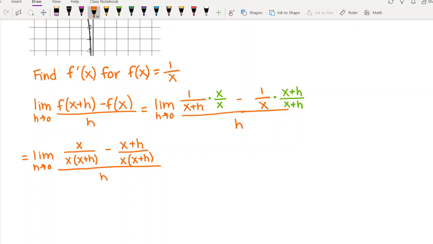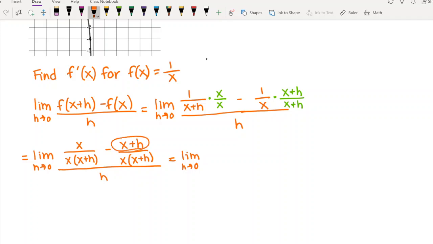all over h. So it looks a little intense right now, but the thing about these different methods we've learned is that they're always going to work as long as you don't make any mistakes. So you can trust that things are going to simplify if you're doing your steps correctly. When we put these two fractions together, be really careful when you're subtracting a fraction.